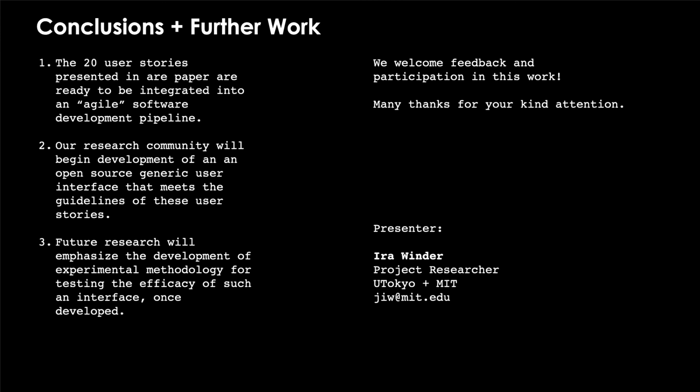So in conclusion, we have assembled these 20 user stories and laid them out in the paper. And we believe that they are ready to be integrated into an agile software development pipeline. And while we invite anyone to start developing this right away, our research community between MIT and UTokyo will begin our own development of an open source project that meets the guidelines of these user stories, because ultimately we think a piece of software like this will be immediately useful.